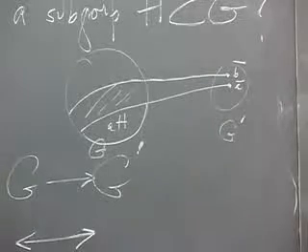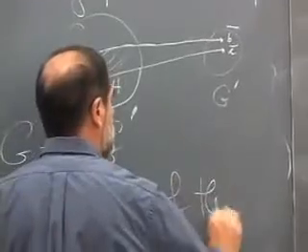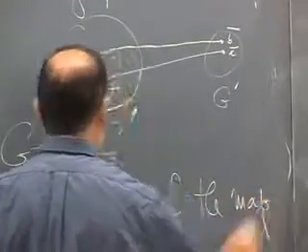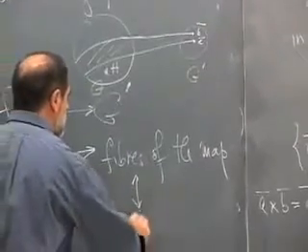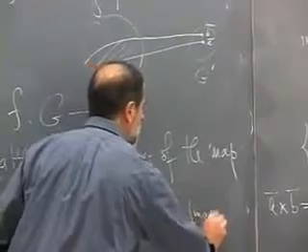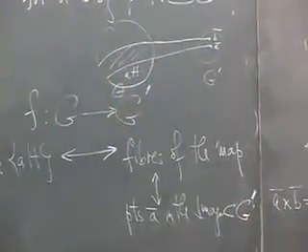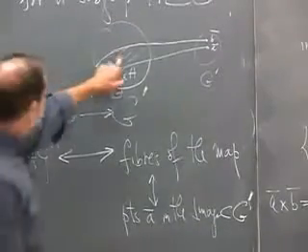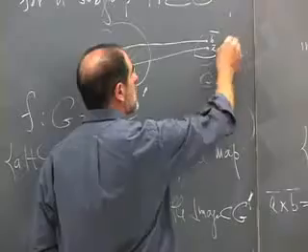So the set of cosets are the fibers of the map. So therefore, they can be identified bijectively with the points A bar in the image, which is contained in G prime. Correct? Each coset corresponds bijectively to a point in the image, which is some little thing in here.